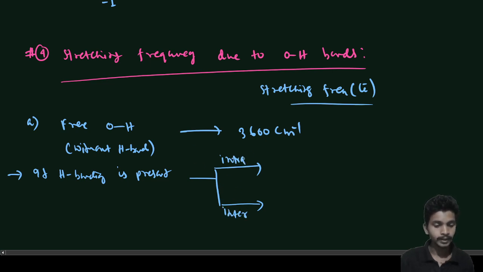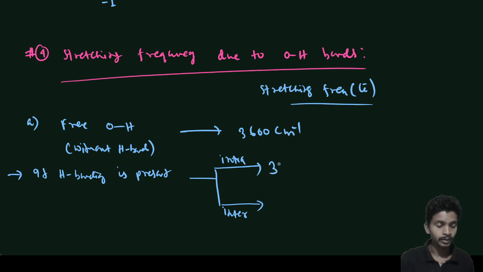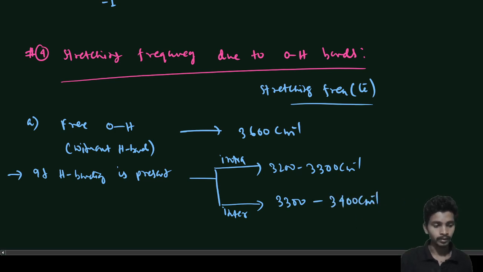For the intra case we will get a lower value, 3200 to 3300 centimeter inverse, and for inter we get a higher value, 3300 to 3400 centimeter inverse.